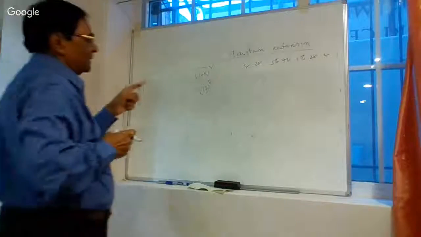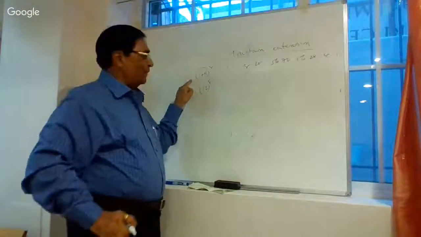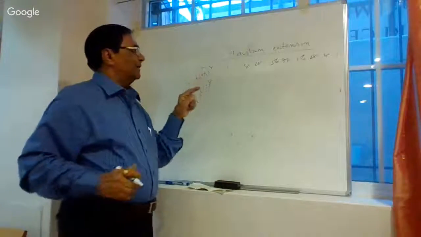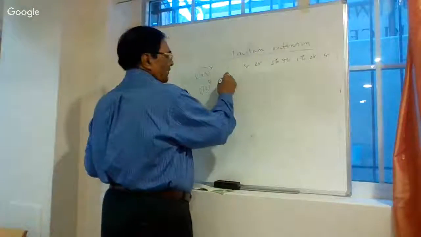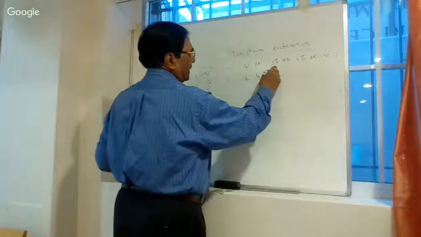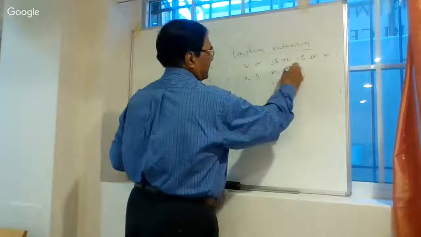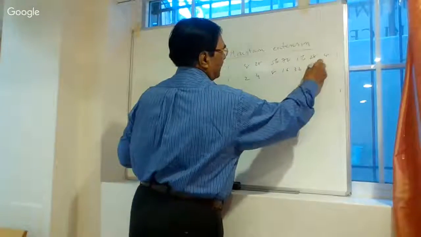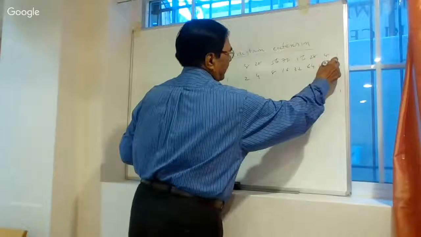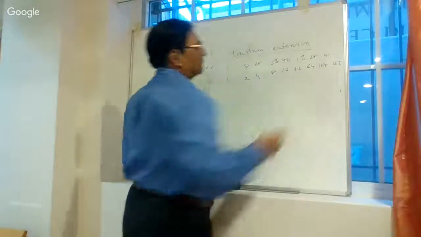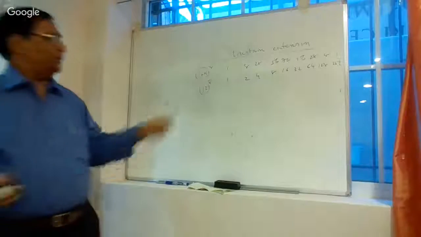Yeah. Right. So now this is how we are told. So you can say 1, 2, 4, 8, 16, 32, 64, 128, and 256, the powers of 2.